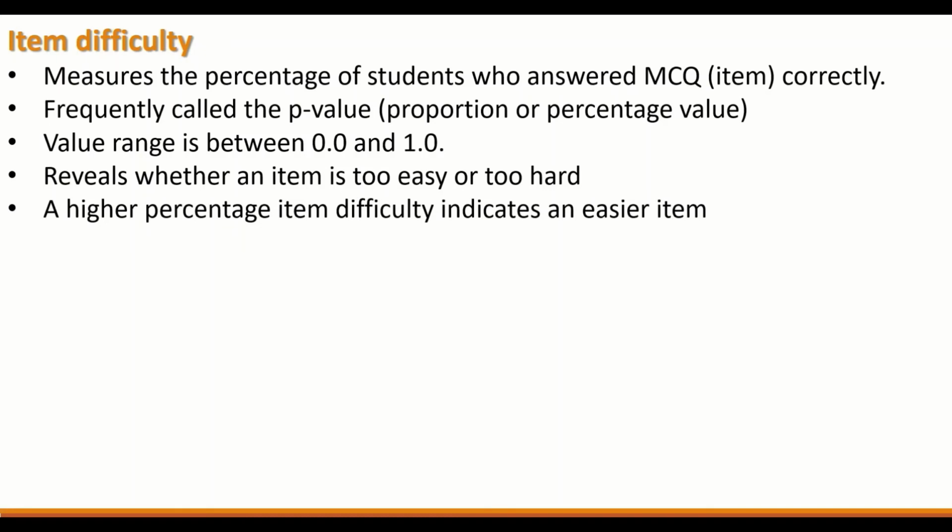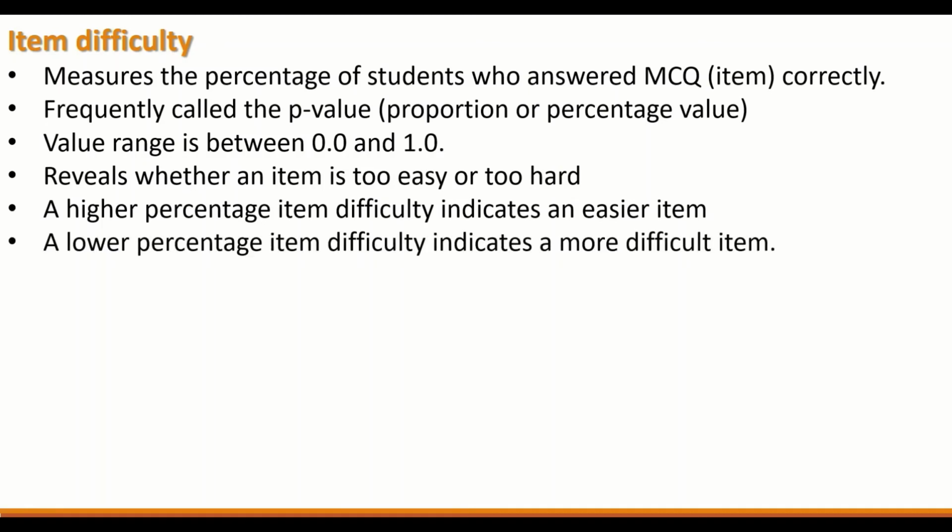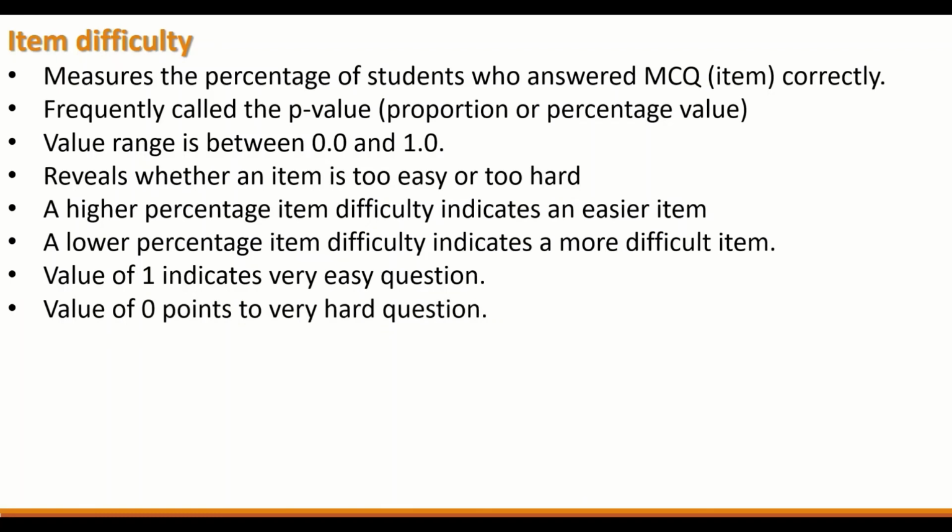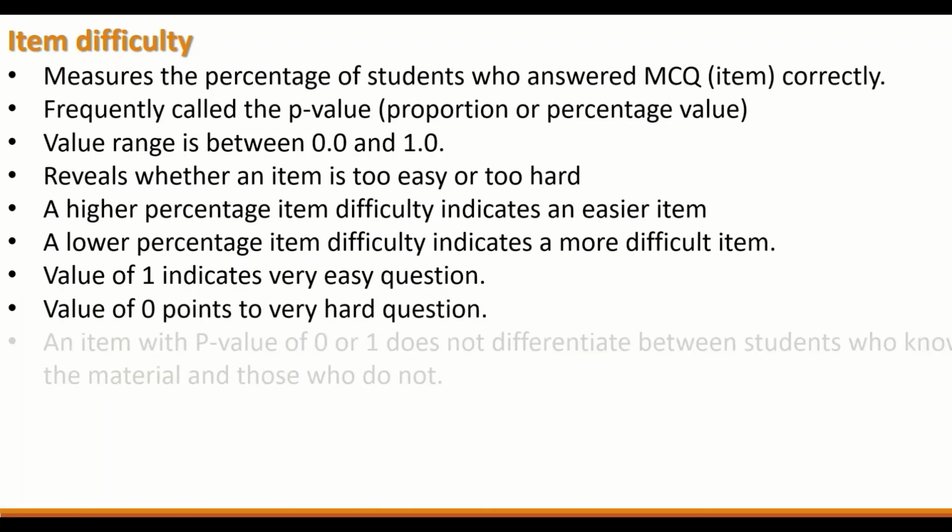A higher item difficulty value indicates an easier item, and a lower value indicates a more difficult item. A value of 1 indicates a very easy question, and a value of 0 points to a very hard question.